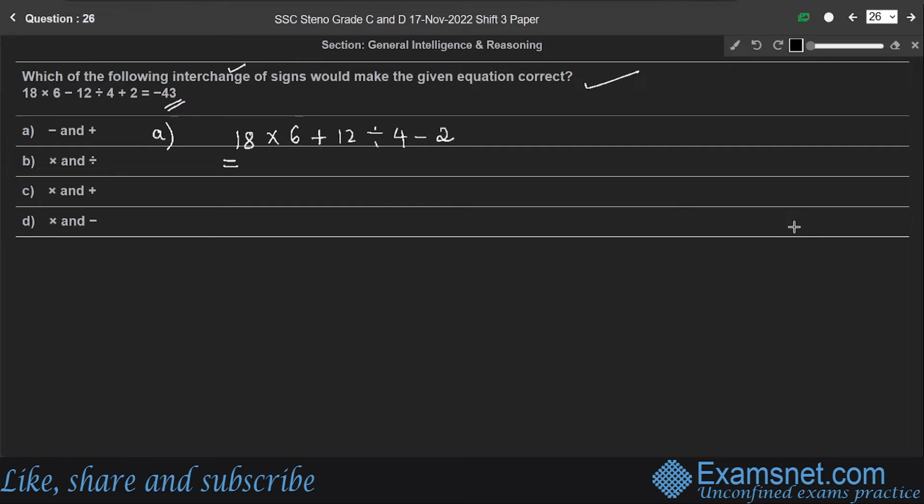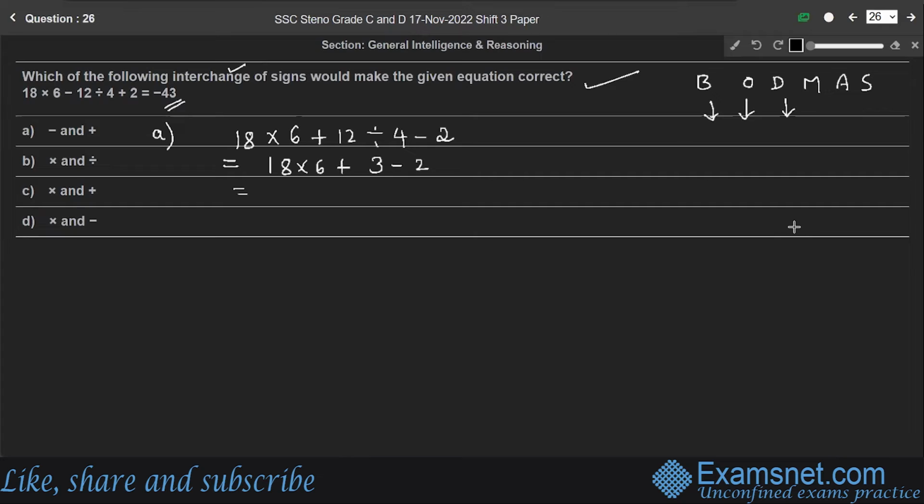We'll check. To solve this, we are following the BODMAS rule, according to which the bracket part should be removed first. There is no bracket to remove. Next comes the of part. There is no of part like square, square root, cube, cube root, or percentage. Next comes division: 18 into 6 plus 12 by 4 is 3 minus 2.